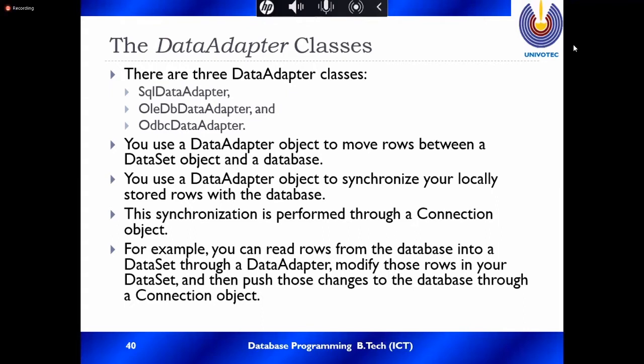After that, if you want to execute commands, the command object is needed. If you want to read, a data reader is needed. Many objects we are going to use here are all called ADO.NET classes.